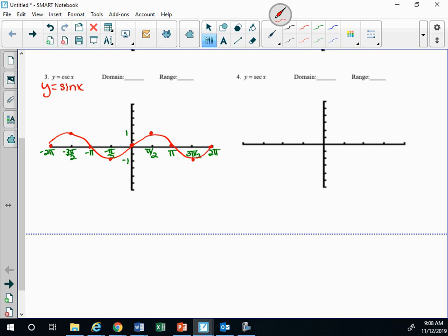As if you can graph sine and cosine, you can graph secant and cosecant. Okay? Yeah, go ahead and connect it. Yeah, actually draw the sine graph.